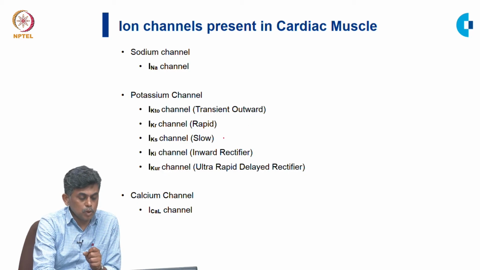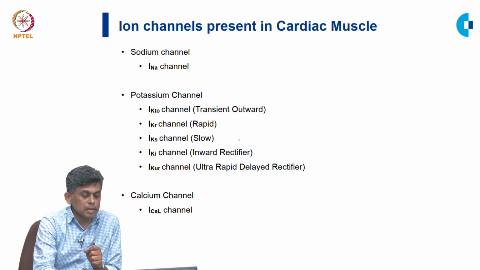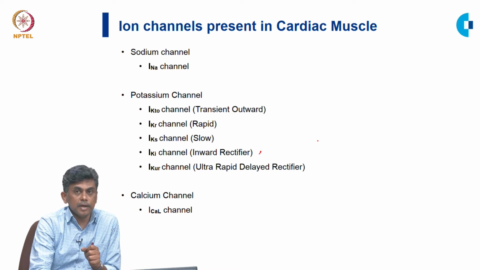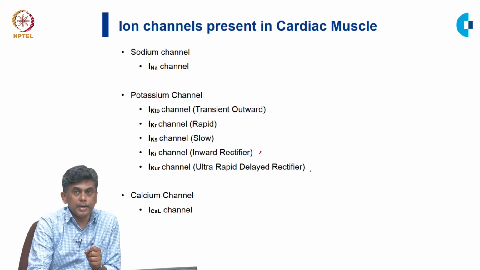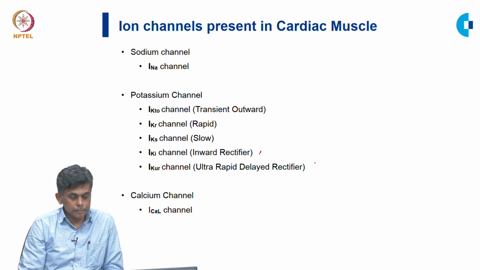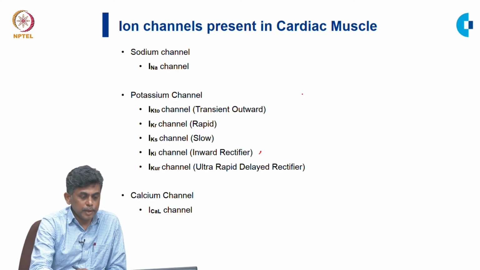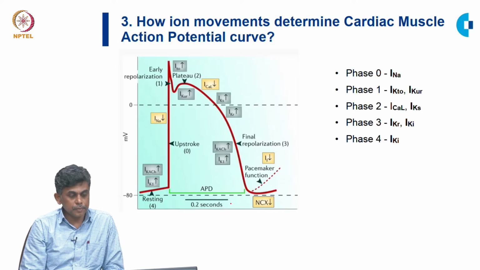Then the slow potassium channel, which is IKs, and then the inward rectifier potassium channel, IK1. And then there is the ultra-rapid delayed rectifier potassium channel. So, there are 5 different types of potassium channels present in the cardiac muscle, and as I told you, we are concerned with potassium and calcium.